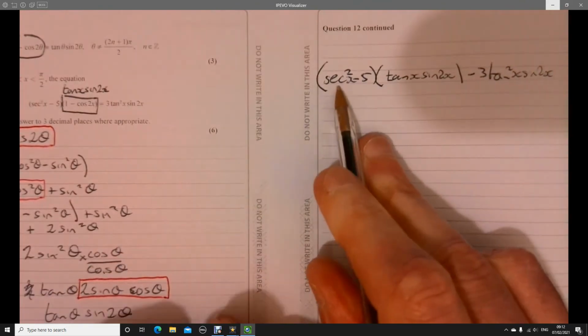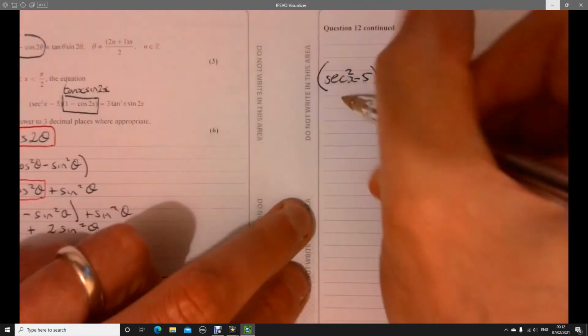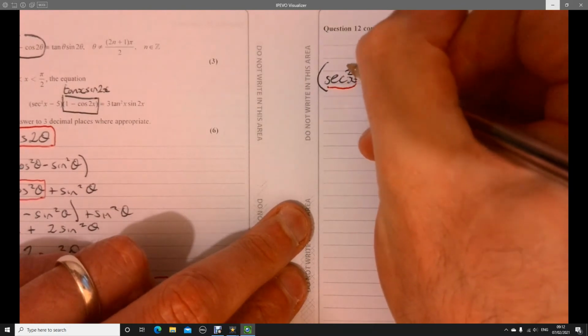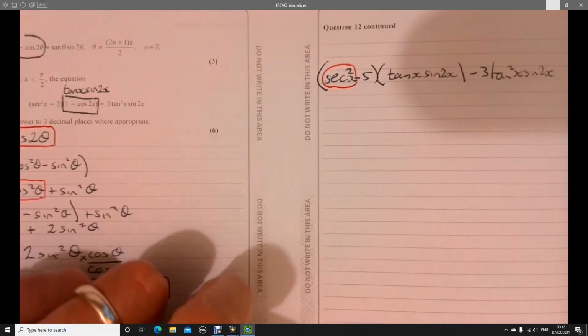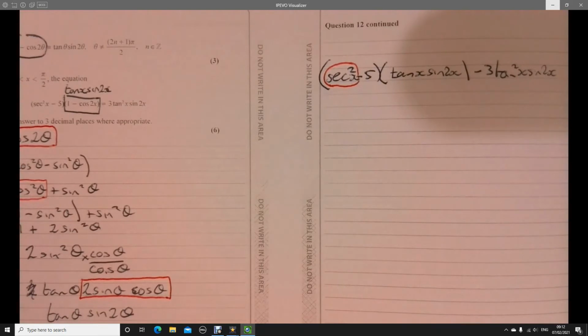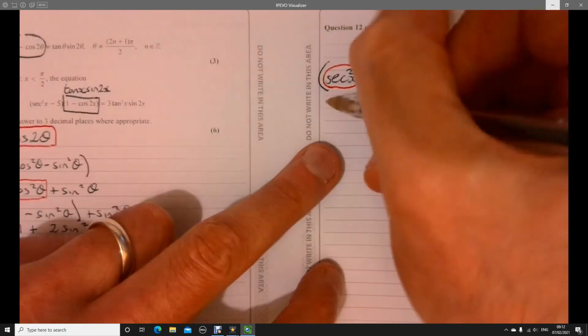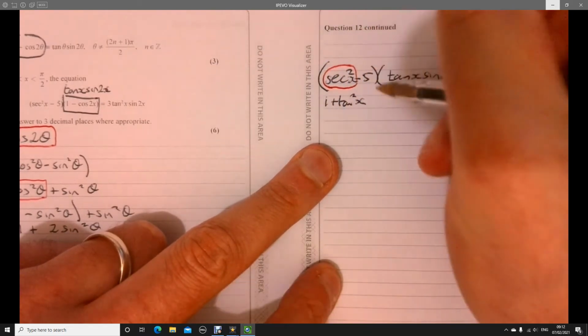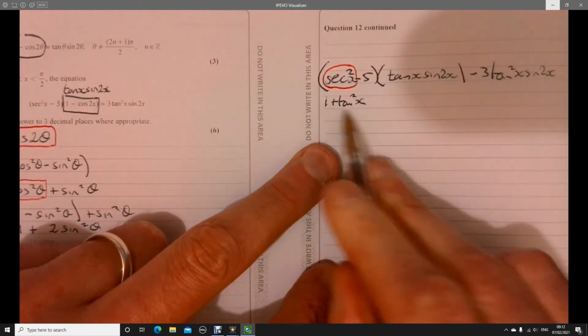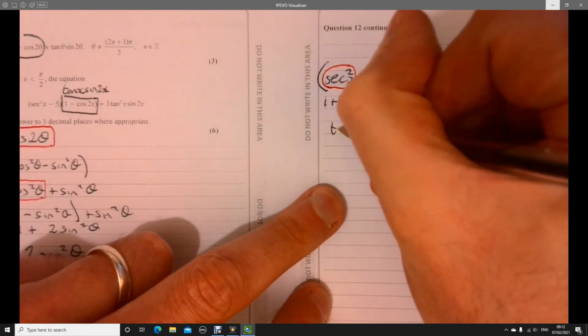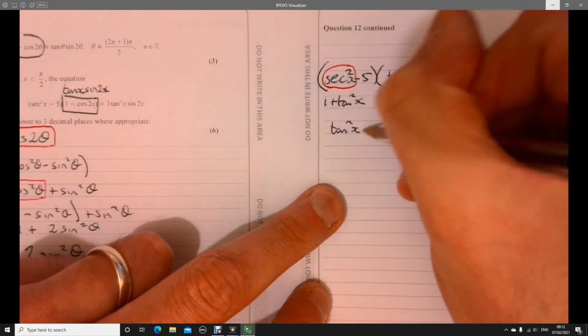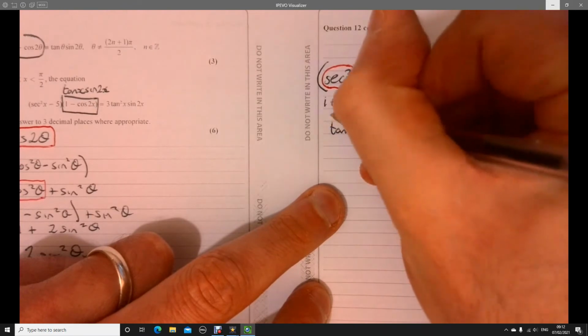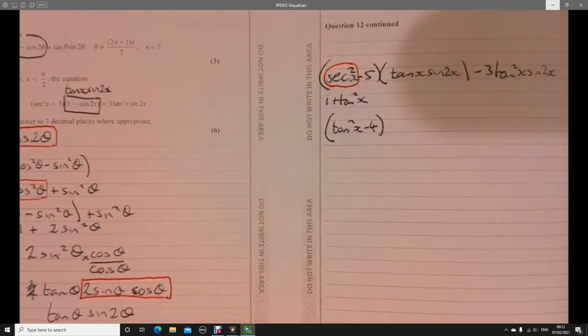Now, I don't like that sec squared, so you should be saying to yourself now, what's sec squared? Well, sec squared, remember, is 1 plus tan squared. So if I replace this bit with 1 plus tan squared, I'm going to get tan squared x minus 4.